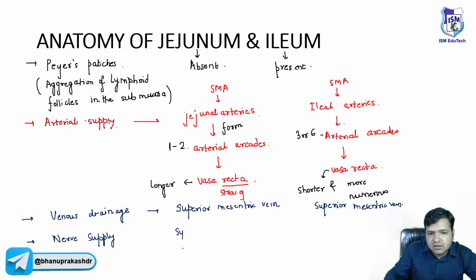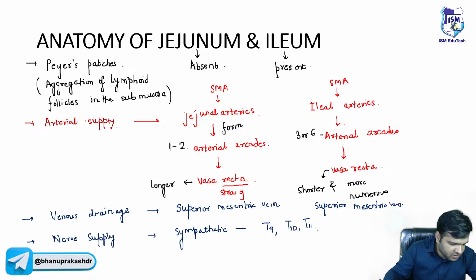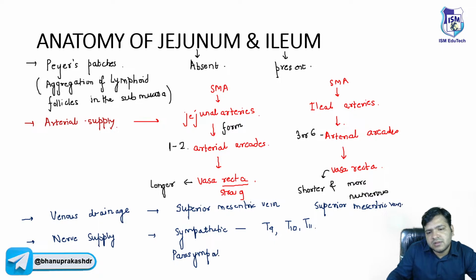The sympathetic nerve supply is from T9, T10 and T11, and the parasympathetic nerve supply for both the jejunum and the ileum is the posterior vagal trunk.